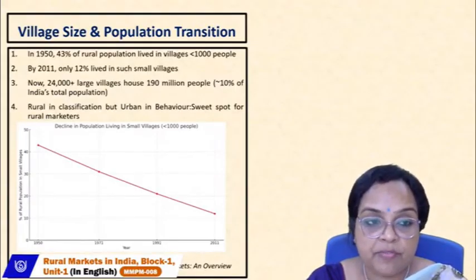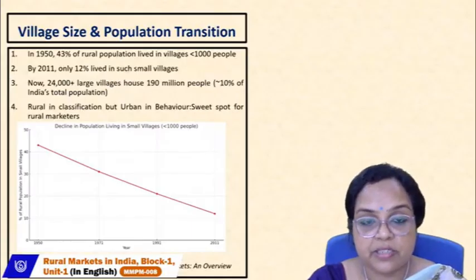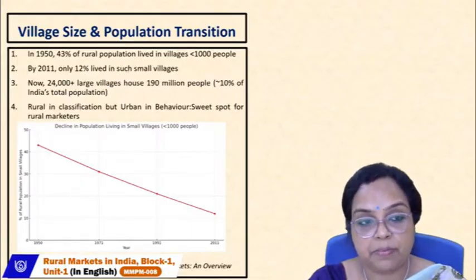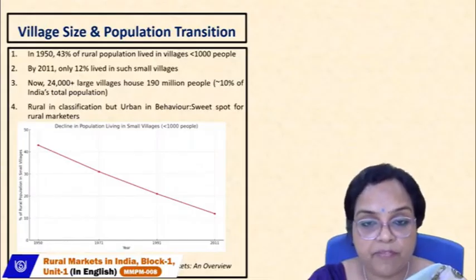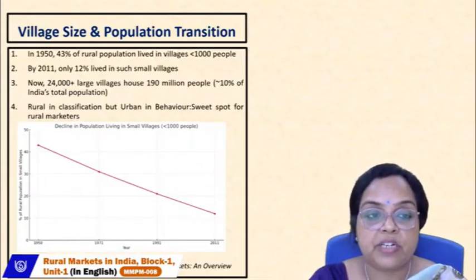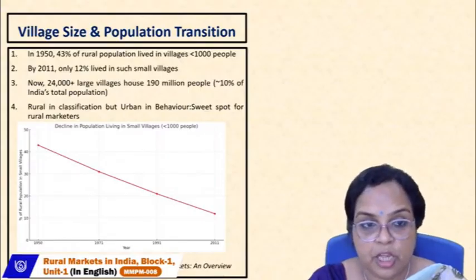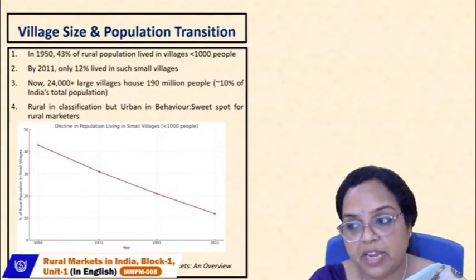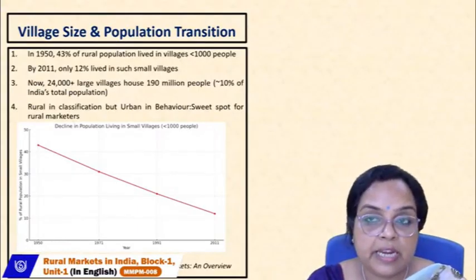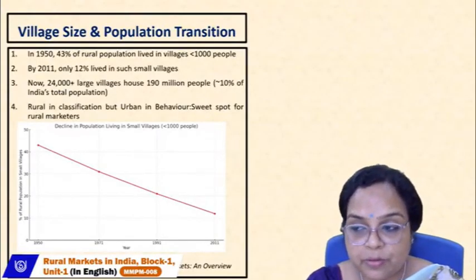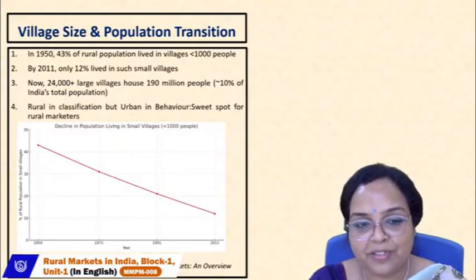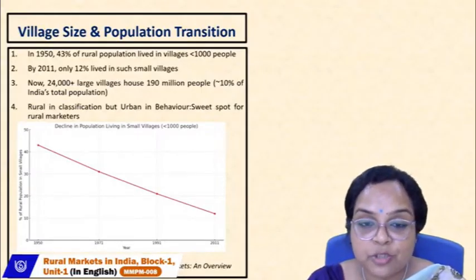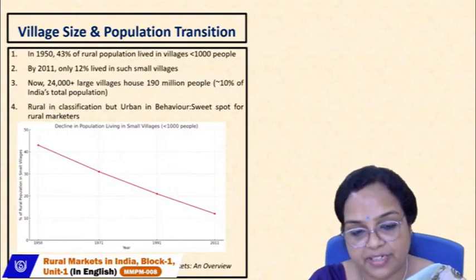Now we have 24,000 plus large villages having 190 million people, which roughly calculates to 10% of India's total population. Rural in classification but urban in behavior. This is the catchy phrase nowadays. They are classified as rural, but their behavior is slowly displaying the behavior of the urban belt. So this is the sweet spot for rural markets.